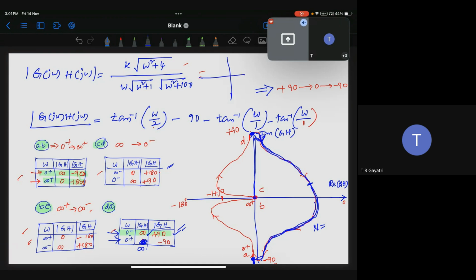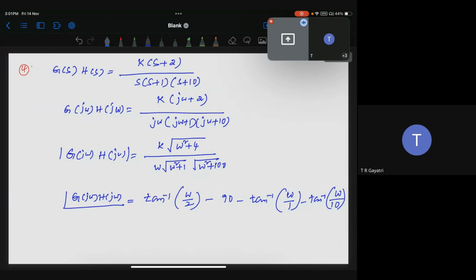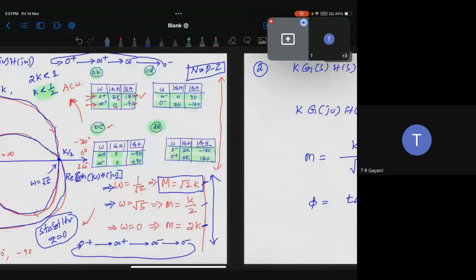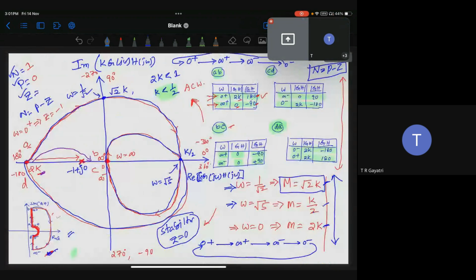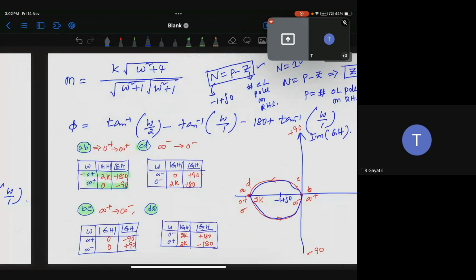You're starting all the way here at this point, infinity value. But that is minus infinity, sir? No, magnitude is modulus. Oh, okay. So minus infinity or plus infinity does not matter. That's why in the first question also, we consider the magnitude, not the sign.